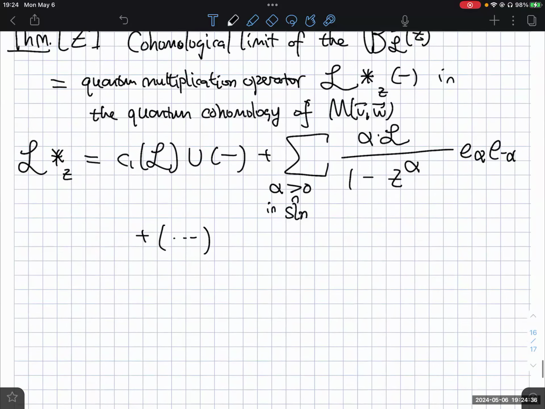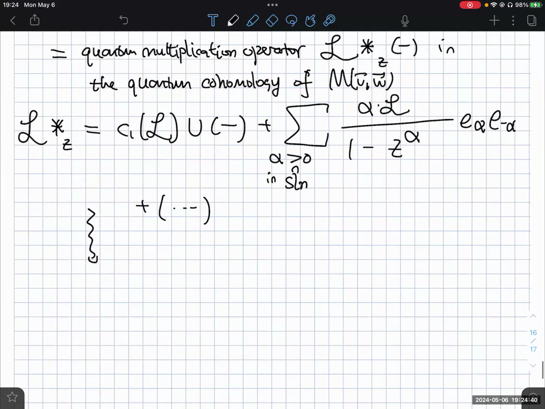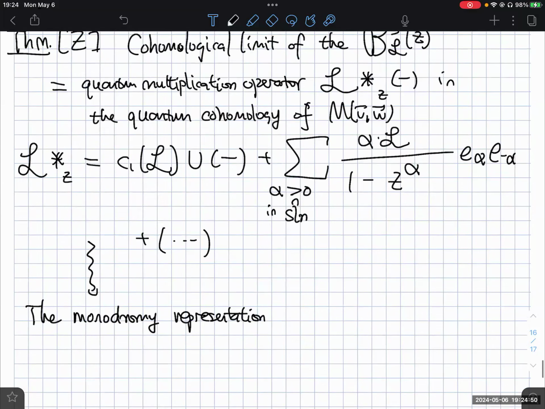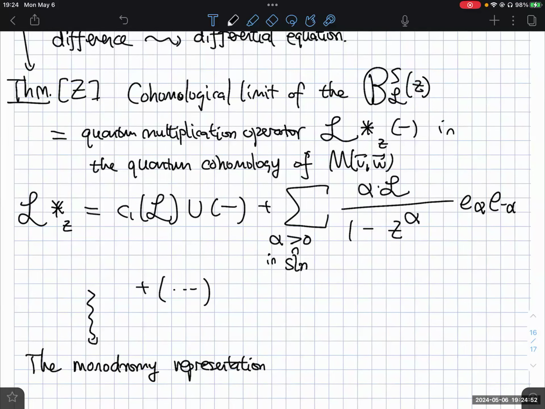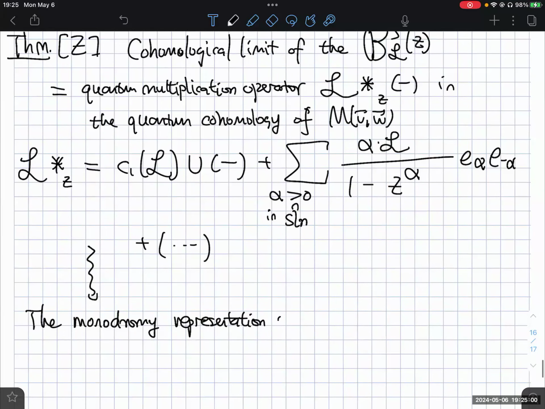This result can lead to another fact: you can just do the analysis of the quantum difference equation of this monodromy matrix, and using the cohomological limit, analyze the monodromy representation of the Dubrovin connection.